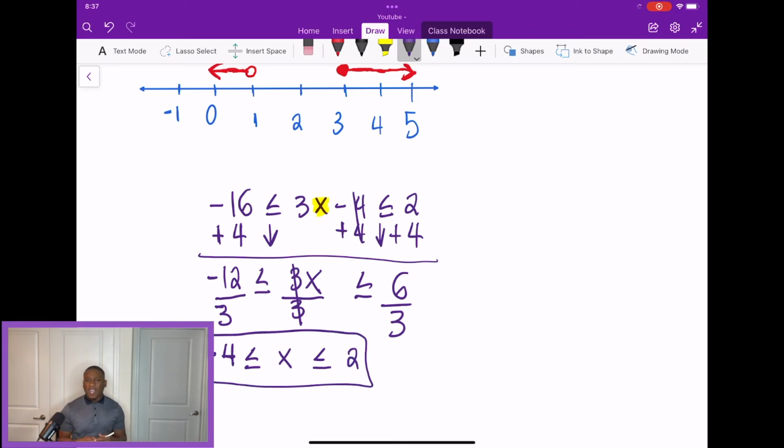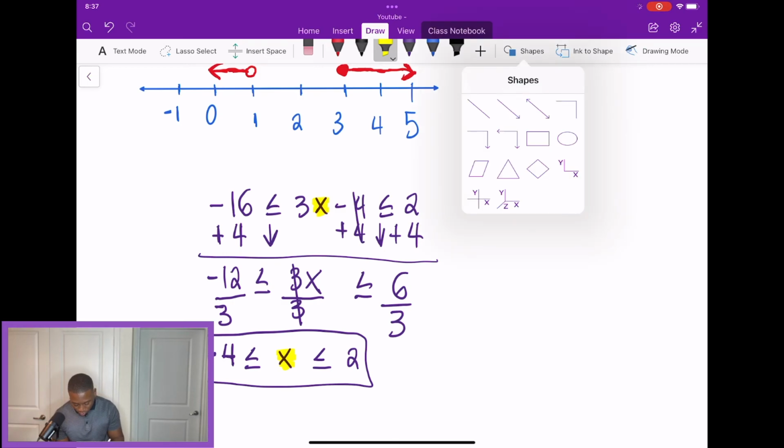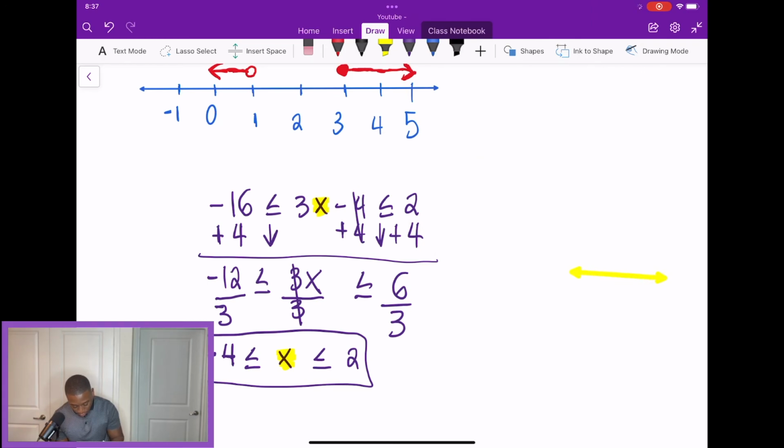But the biggest question now is, how do we graph this on a number line? So let's get our number line. Oh wow, that's the wrong color, but let's erase that. Let's change this back. All right, so we have our number line, and we're going to number from negative 6 to positive 3.